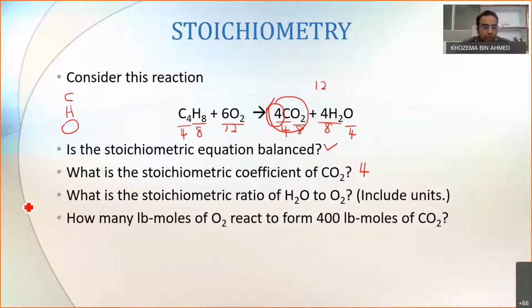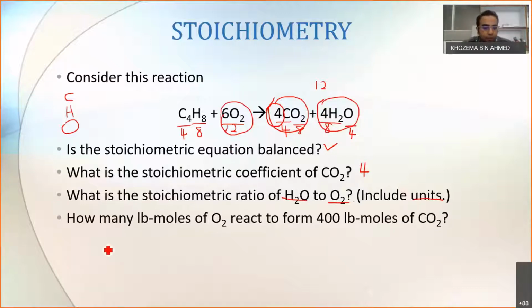Now, the third one is, what is the stoichiometric ratio of H2O to O2? And remember, unit is very, very important. So if you look at the ratio of H2O to O2, H2O is on the product side, O2 is on the reactant side.